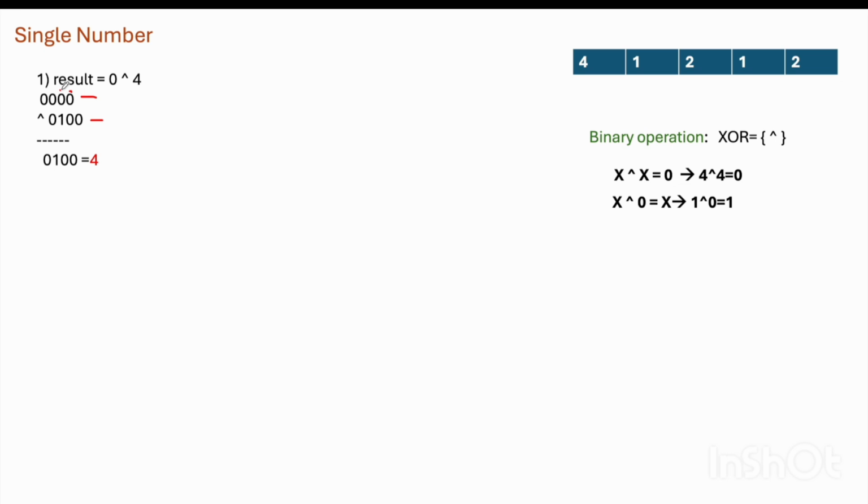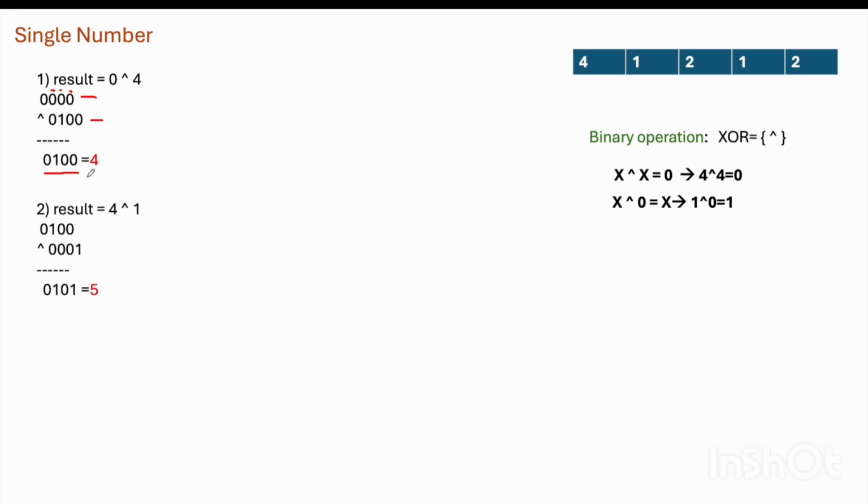Next, 0 with 0, both are the same, so 0. Next there is a 0 with 1, so there is a difference between the elements, so it's 1. After calculating all of these with the XOR operation, the result is 4 in binary, because whatever we compare with 0 is unchanged.